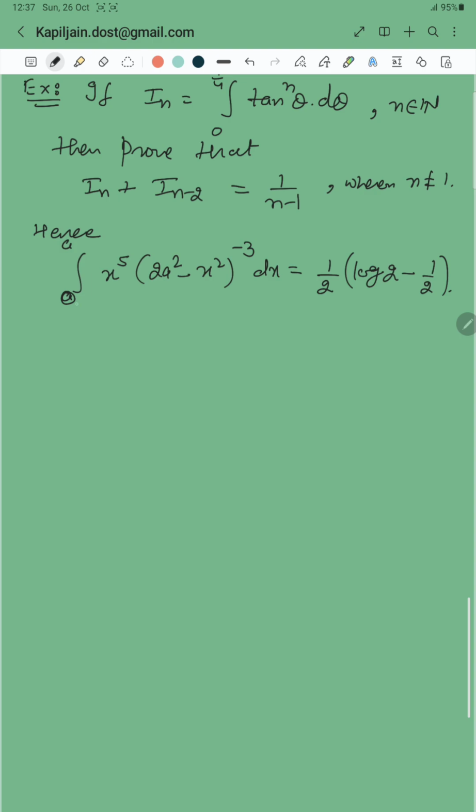So first we prove this identity I n plus I n minus 2 is equal to 1 by n minus 1. After this, using this identity, we prove this result.